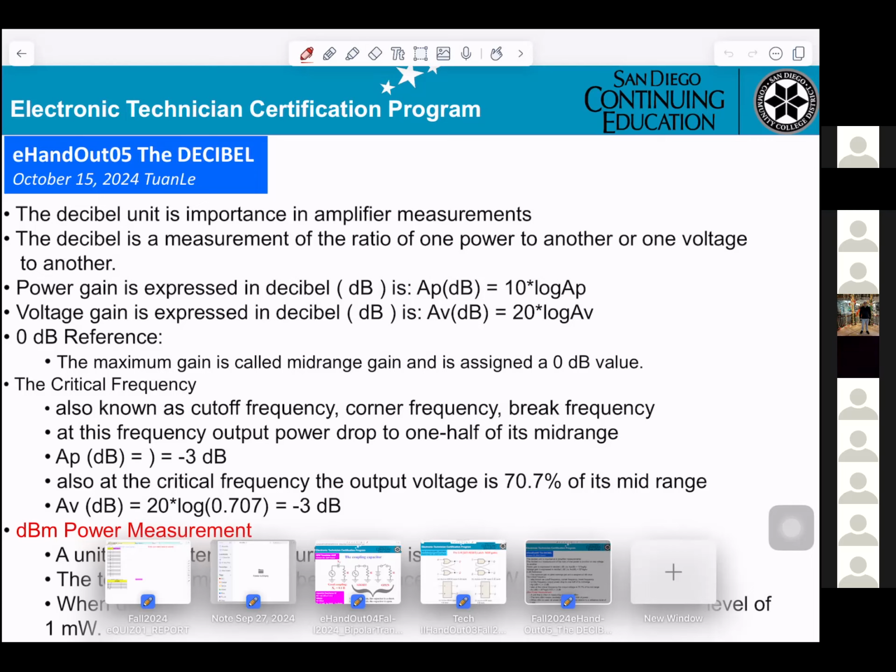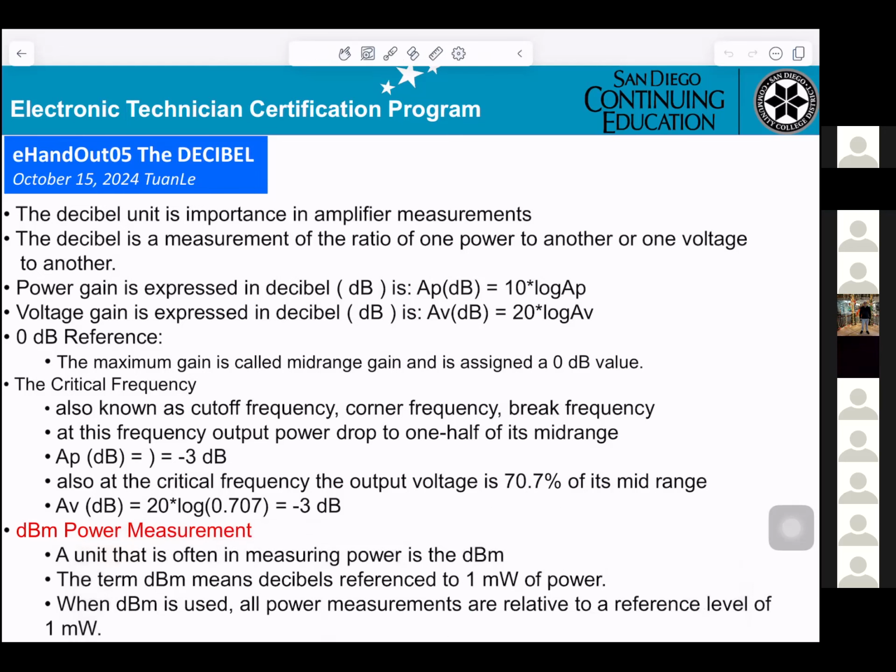Okay, first thing, okay, let's see. The decibel unit is important in amplifier measurement.